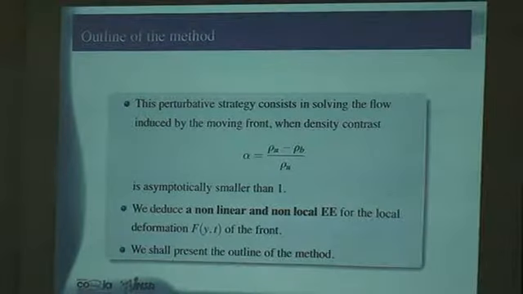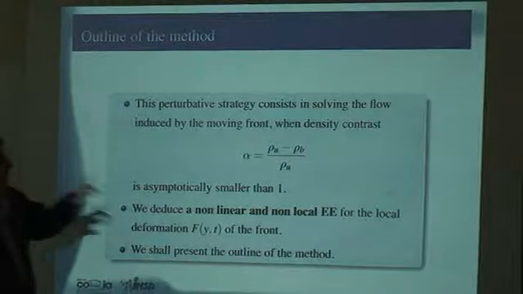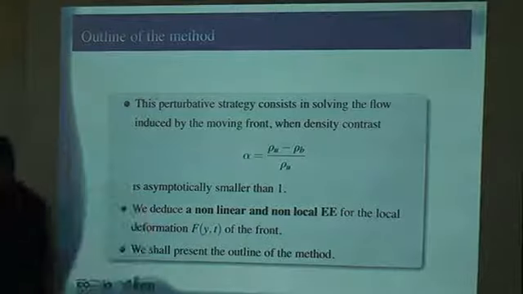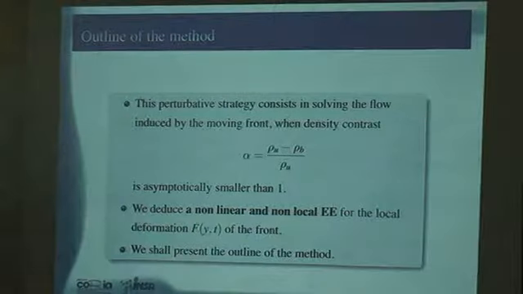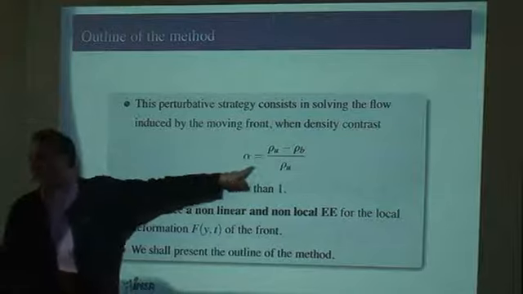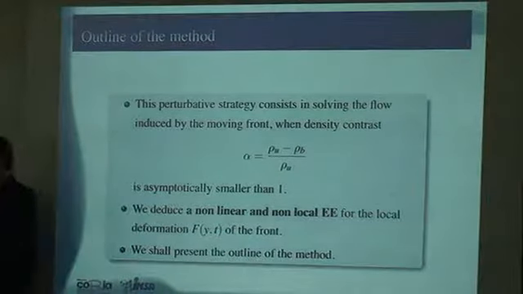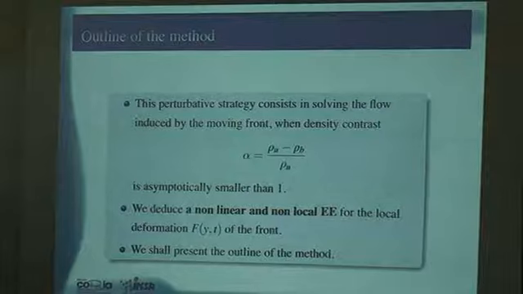So, what is the method based on? It's based on asymptotic expansion, based on small density contrast, which is not true for flames. For flames, this is typically 0.8 or 0.9, which is smaller than 1, but not small compared to 1.